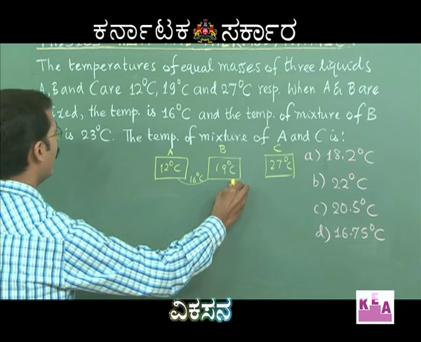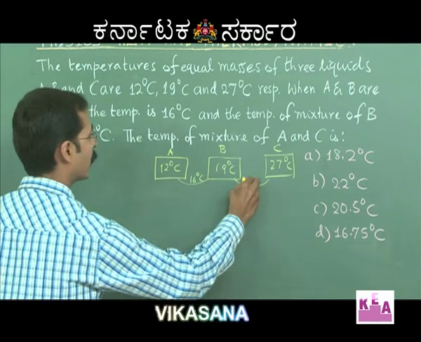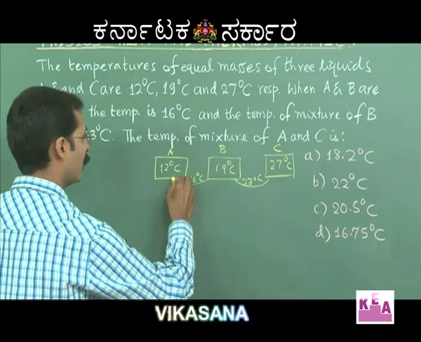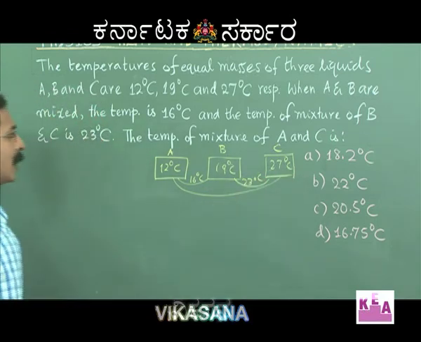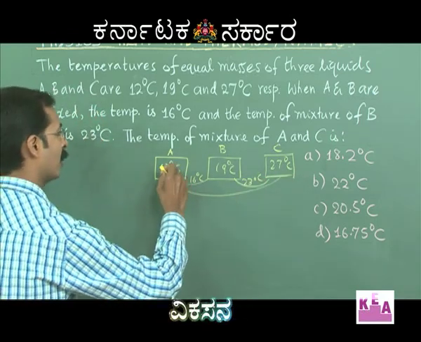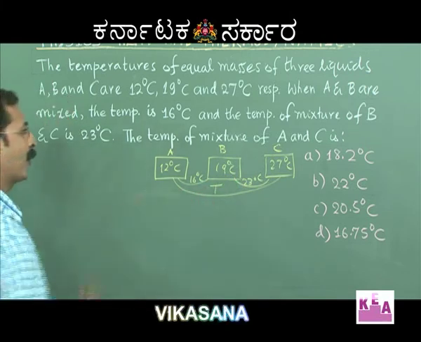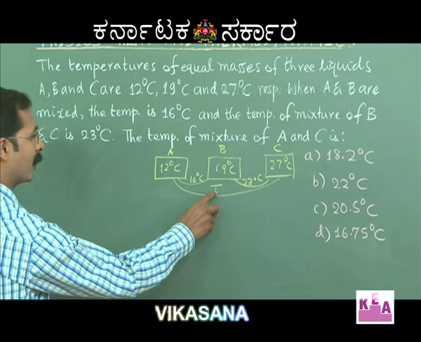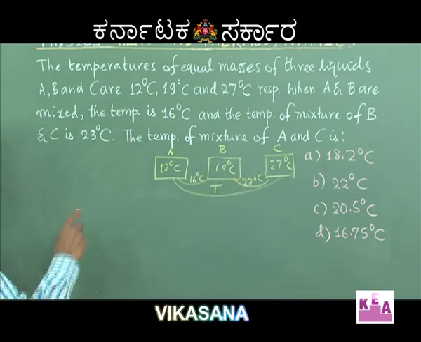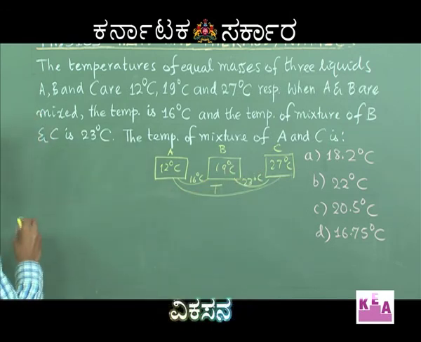If I mix B and C, the temperature is 23 degrees Celsius. What is the temperature if I mix A and C? Let the temperature of the mixture of A and C be capital T. My job is to find T now. That is to be calculated.